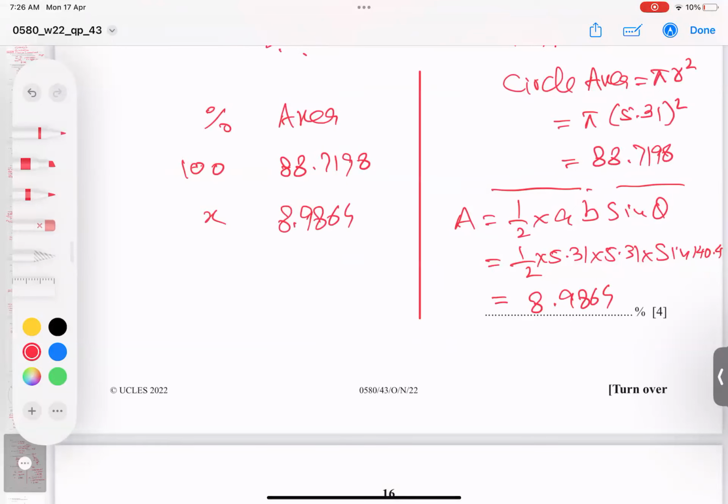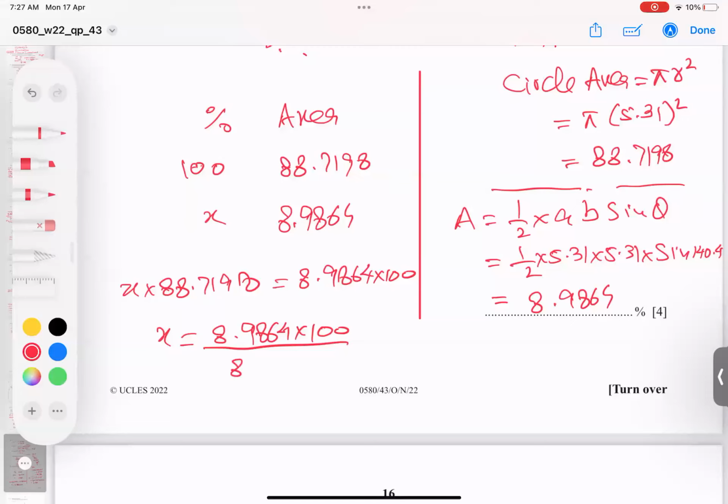So 8.9864 times 100 divided by 88.7198. So the percentage of the circle is, if you check it, let me check again by typing in the calculator.